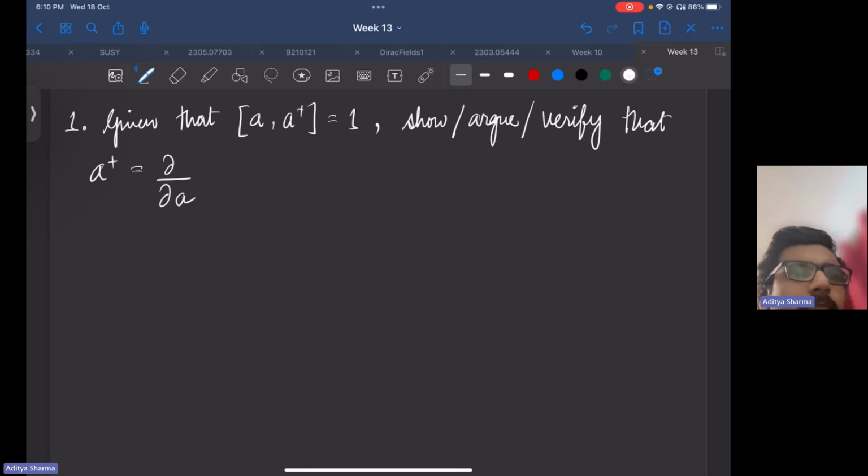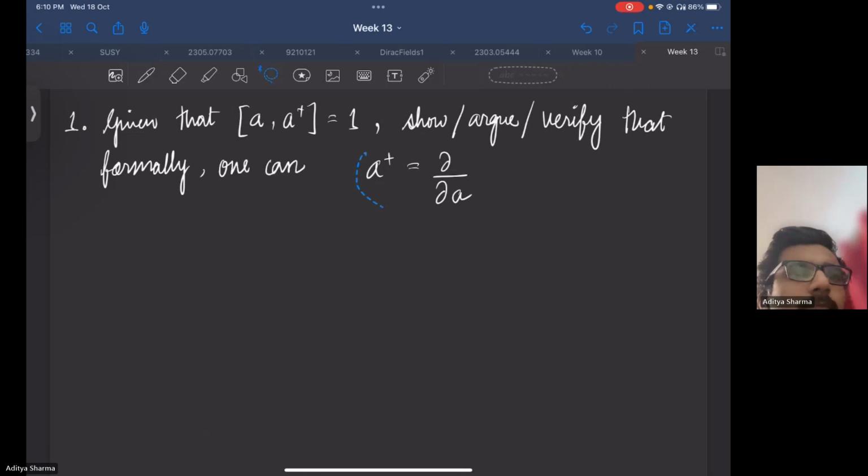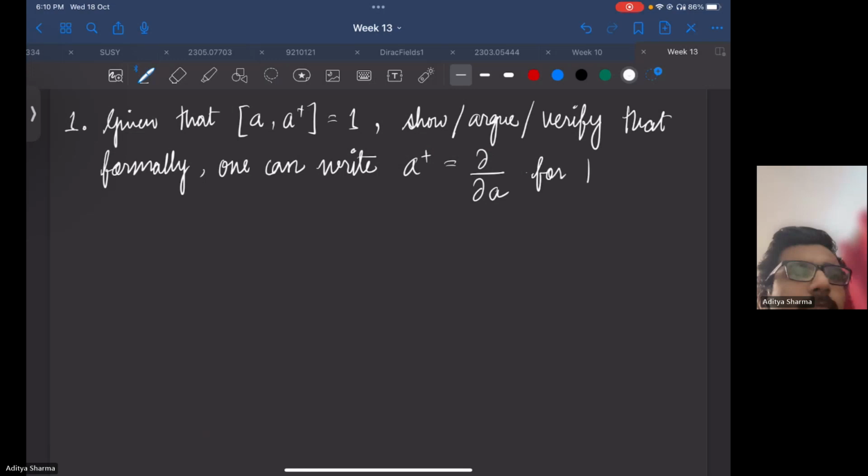To verify that, one can write formally, and we are going to do this specifically for the harmonic oscillator. This is the first part of this question.